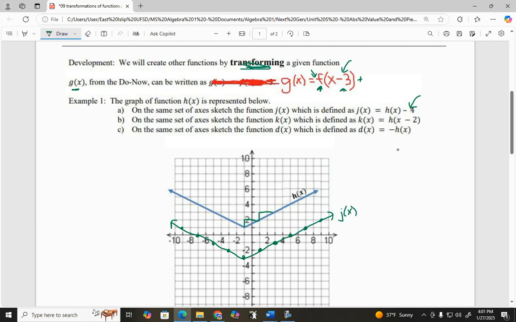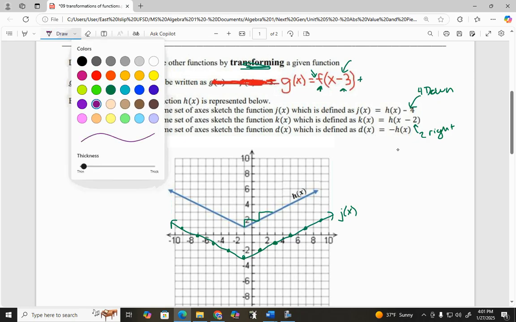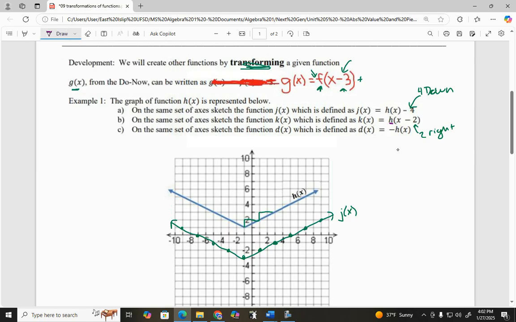And now let's do k. Since this is inside parentheses, it would go to the right. This was 4 down. I'm just going to pick a different color. 2 to the right. And it's affecting function h. So I'm going back to this function, and it goes 2 to the right.